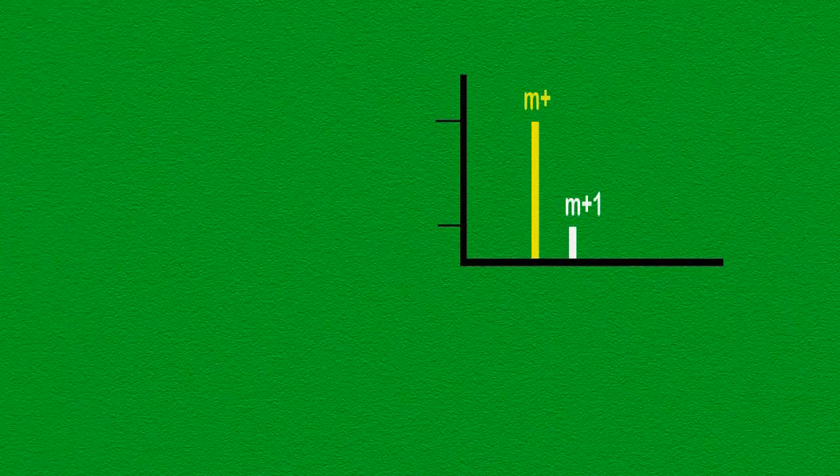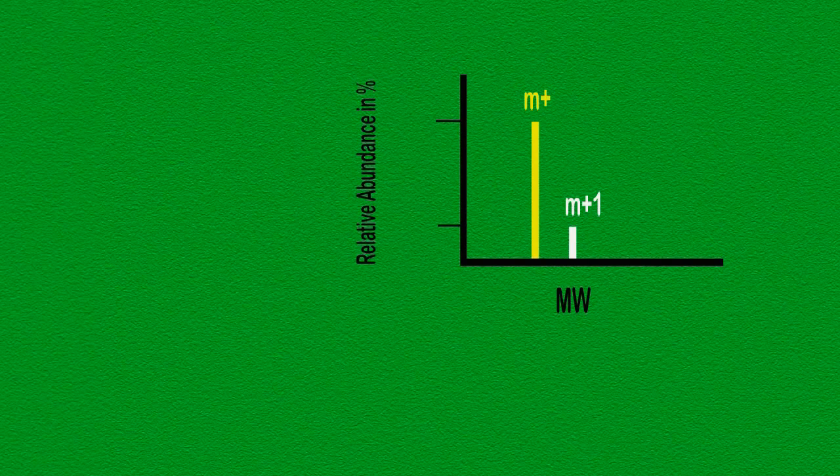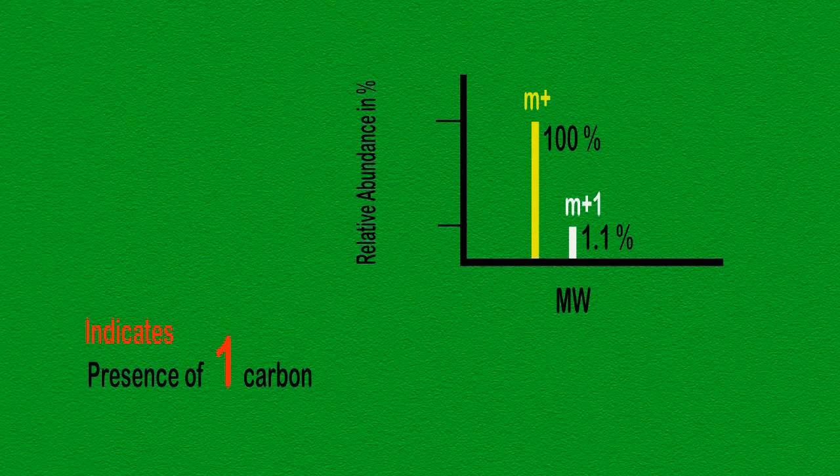Let's see the graph. The x-axis indicates the molecular weight and the y-axis indicates the percentage of abundance. When the M+ peak is 100% for the single carbon molecule, the isotope M+1 peak is 1.1%, which in turn indicates the presence of a single carbon in the sample.